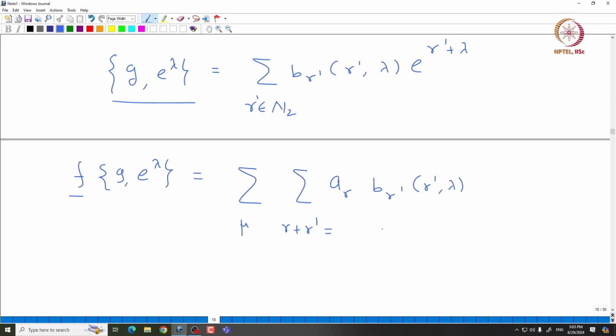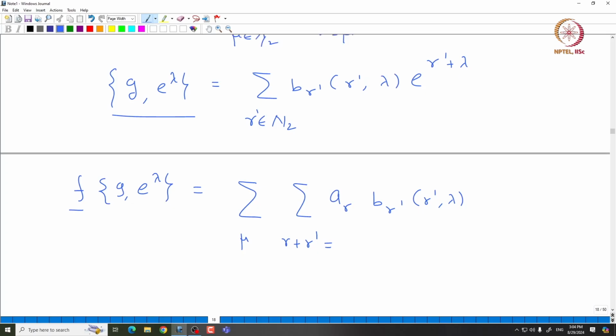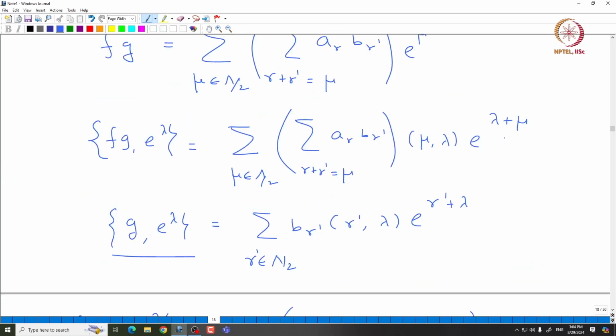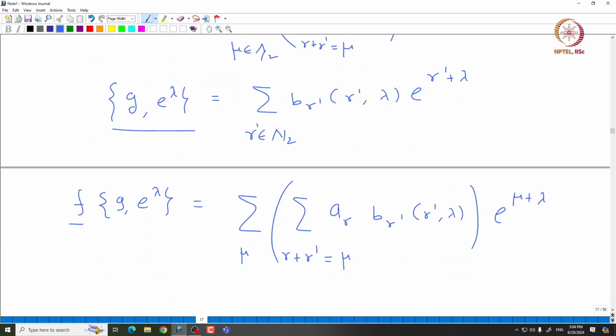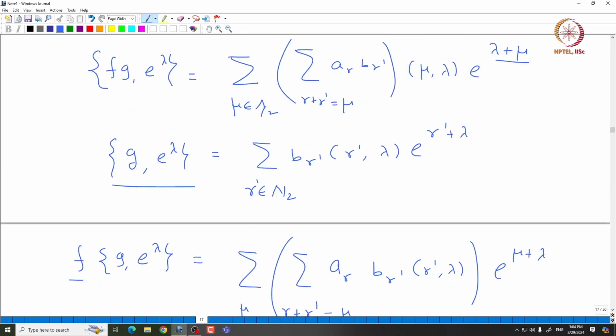If you are interested in running over mu, you can run over mu like this and then e^(mu plus lambda) will be there. Okay. So, it is good to have this e^(lambda plus mu). That is the thing that we are having outside.